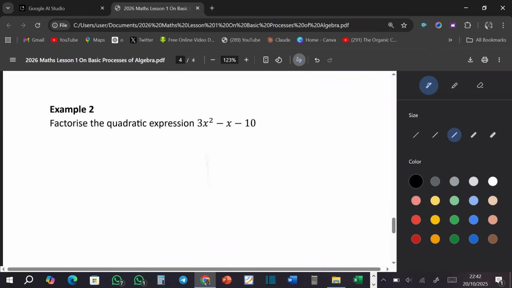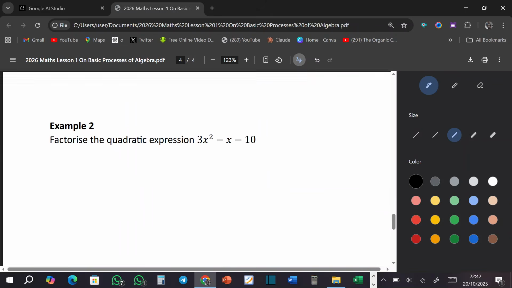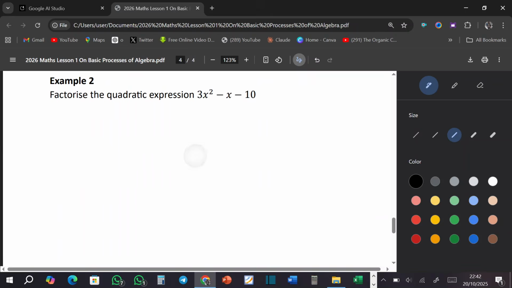So another one is this one here, which is the last one actually. So we have 3x to the power 2 minus x minus 10. So again, look for two numbers which when you add them, you get -1.